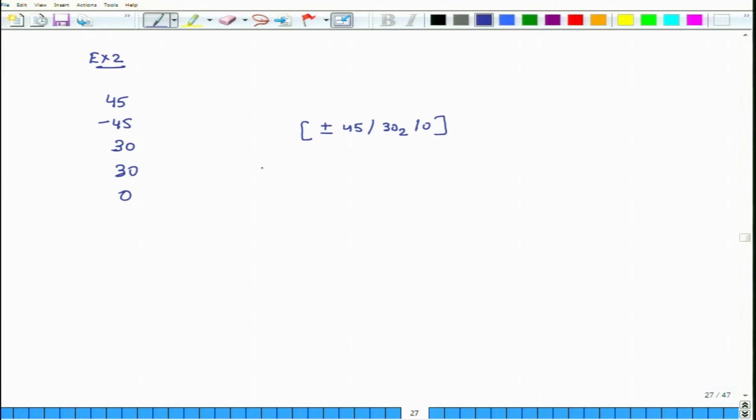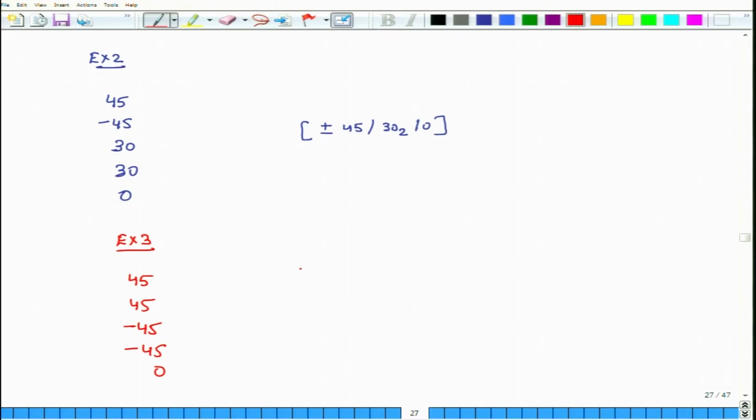Okay. Another example, example 3, is 45, 45, minus 45, minus 45, 0. Okay.